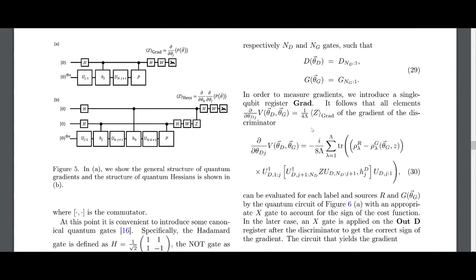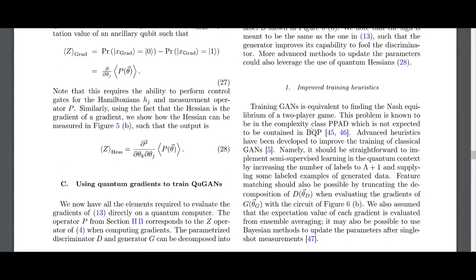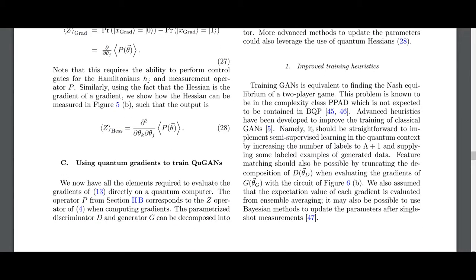Maybe I should read that. So it says, we now have all the elements required to evaluate the gradients of 13 directly in a quantum computer. The operator P from section 2B corresponds to the Z operator of 4. Okay, what is section 2B?